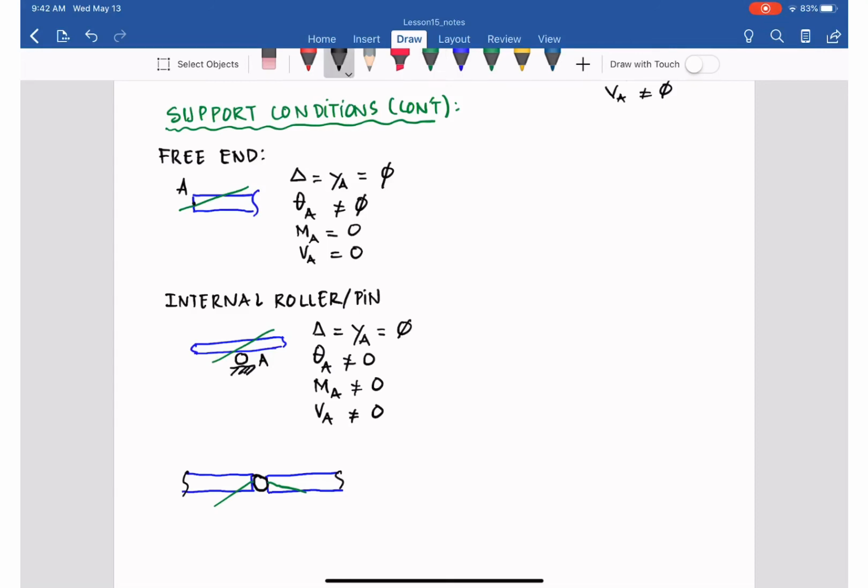So what do we have here? The delta at A equal to YA, vertical at A, of course, is non-zero because it can go down, nothing for the hinge. And then, of course, we have a theta on both sides. So let me define here, that is theta 1 and theta 2.